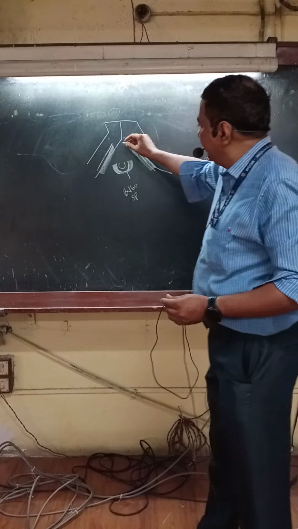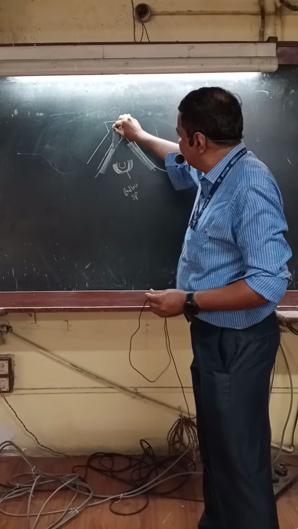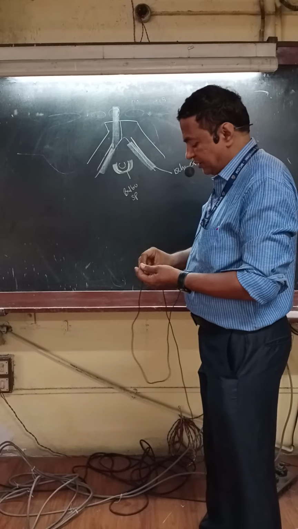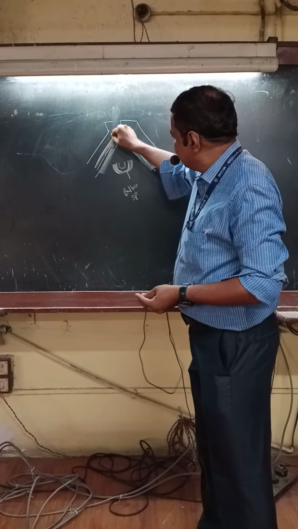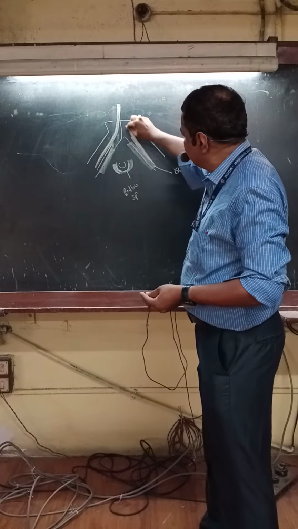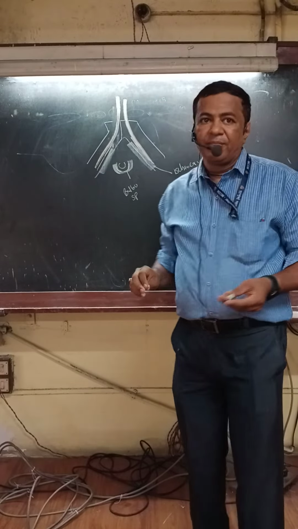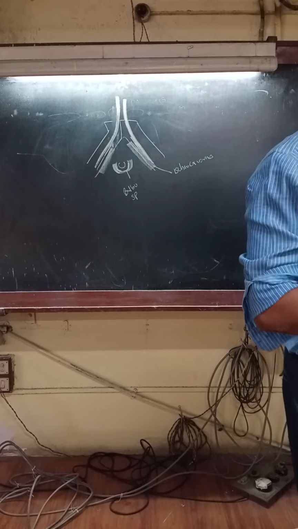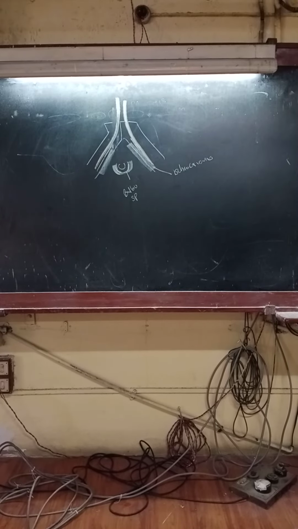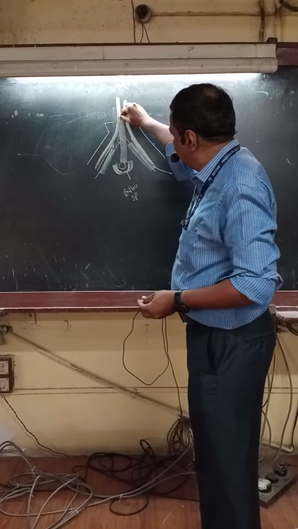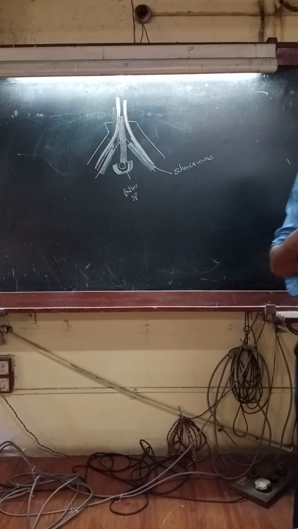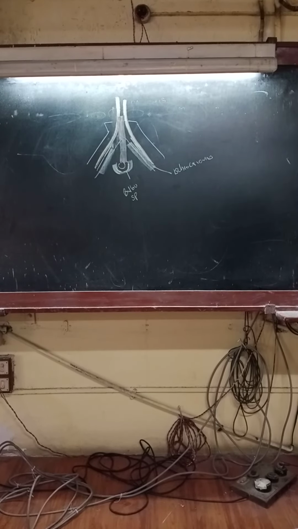Now, from here, this crus continues upwards like this. It continues upwards as corpus cavernosum, and from the bulb going upwards is corpus spongiosum.